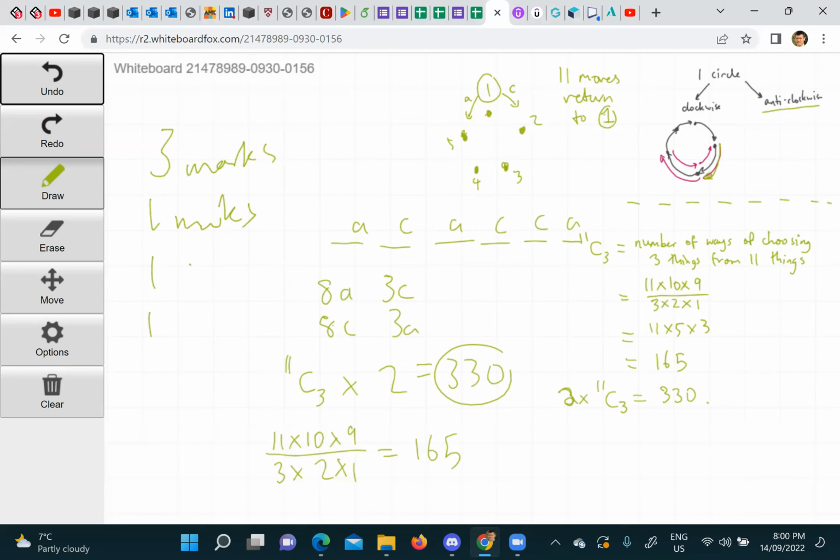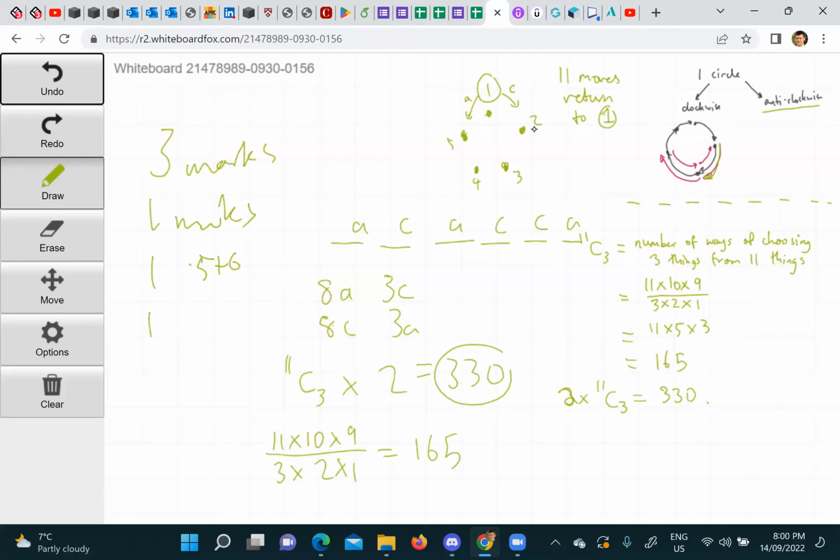So it's 5 plus 6, this kind of thing, right? And I think 1 mark for actually executing on how that works, like doing 11 choose 3. Because we got anti-clockwise and clockwise pretty easily. I got the circle, but I didn't get that it would take one circle plus 6 moves.